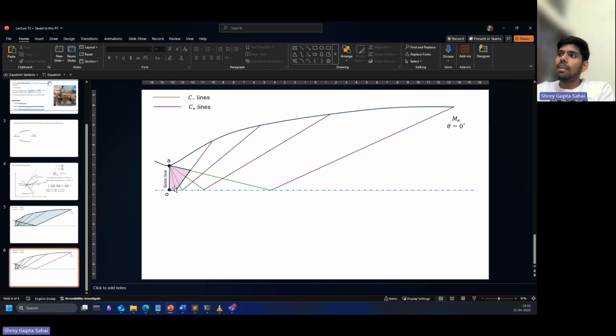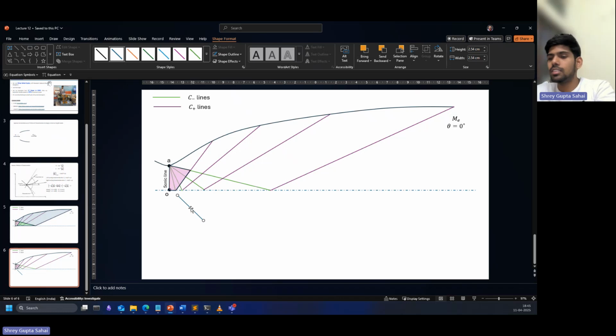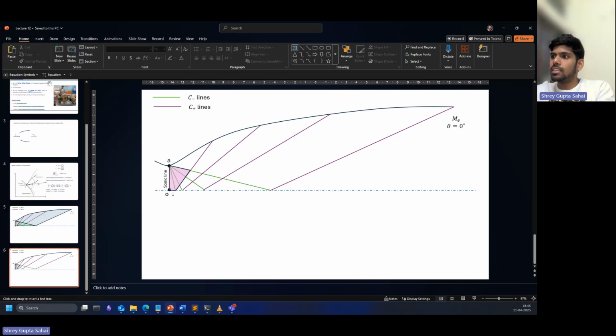Numerically speaking, we have to decide the first leading Mach wave that we are going to resolve. That line reaches the center line, and that is the first important point for us. So I'm going to call it one.